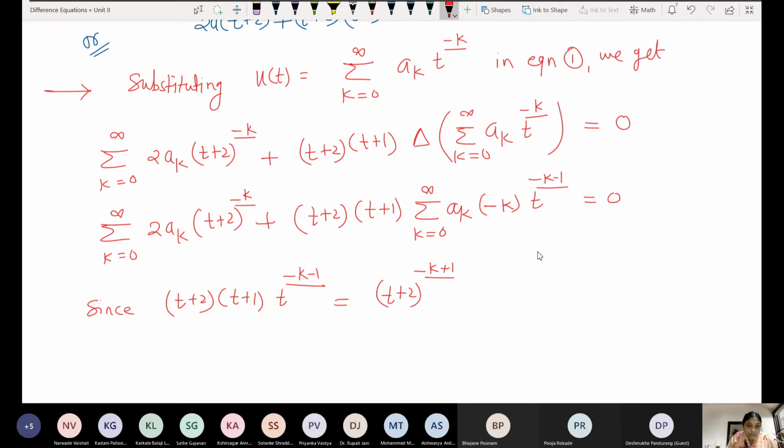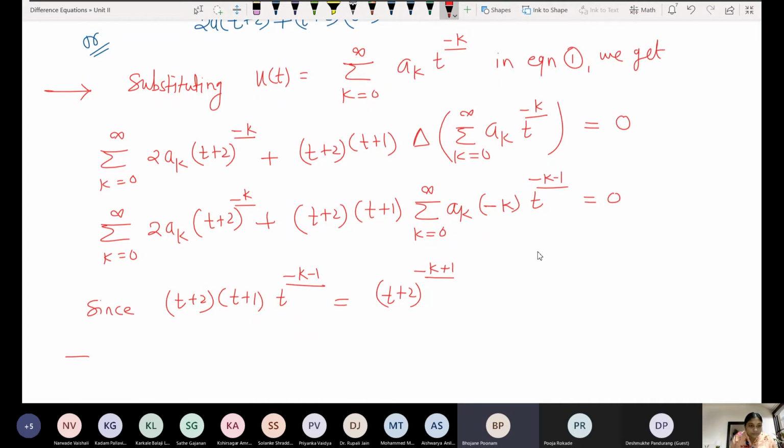Am I right? If you simplify t plus 2 to the minus k plus 1 falling, by decreasing 2 times, you get t plus 1, t to the minus k minus 1 falling. Is that okay? Yes, ma'am, correct.